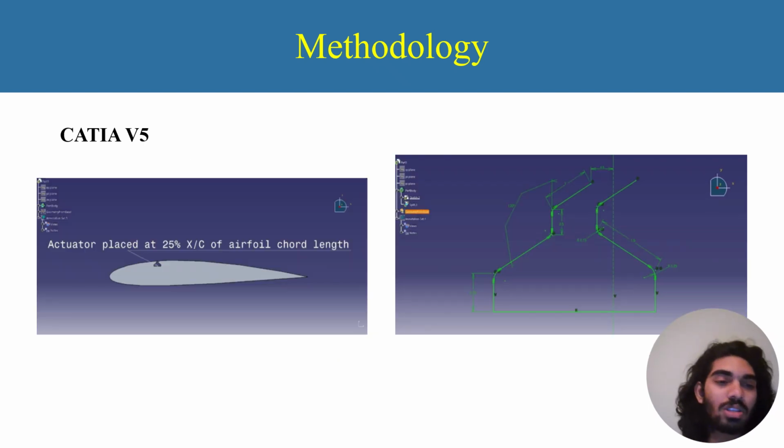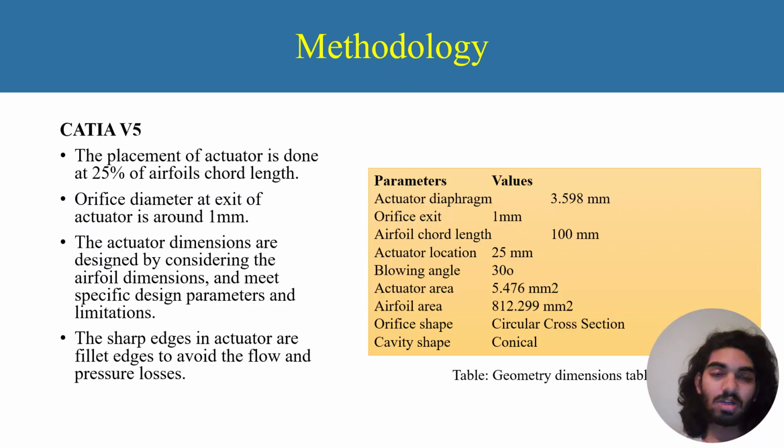Next, this is the actuator portion, and the dimensions of the actuator were taken from the referred research paper. I didn't choose random numbers for the actuator; I just referred to the research paper.